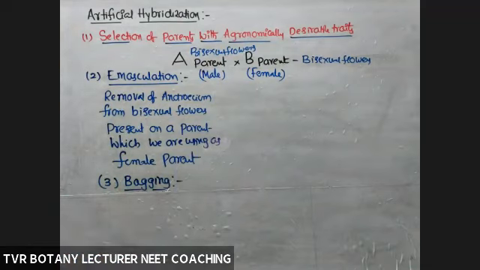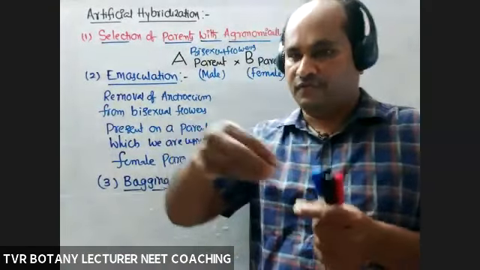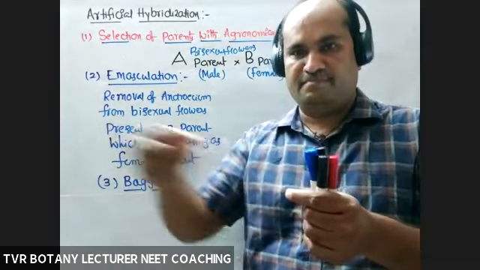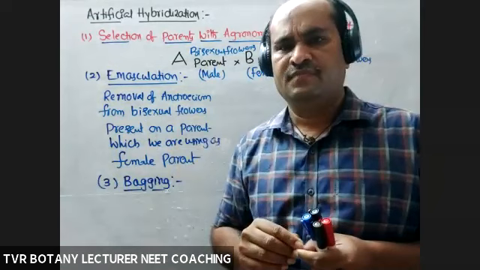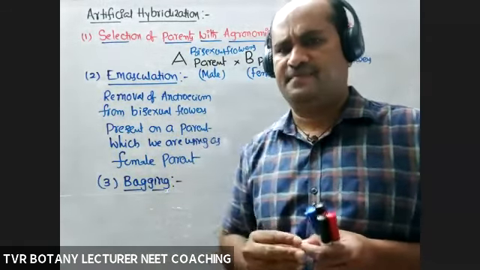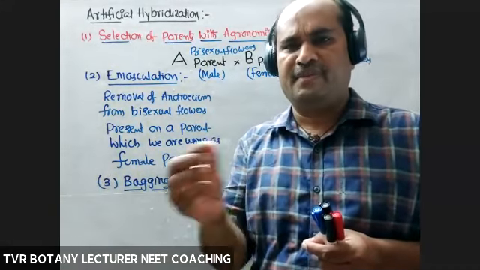Emasculation is done with the help of a forceps method, or we have to dip that flower in hot water. Two methods are there. If the flower is very large, forceps or needle is enough.